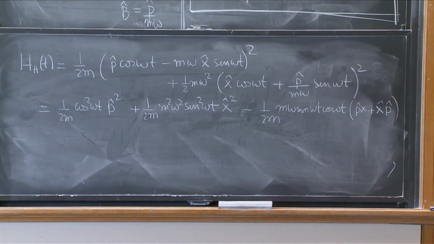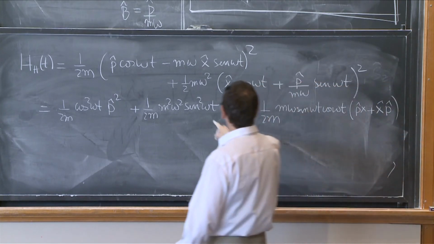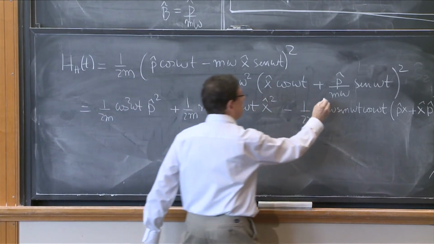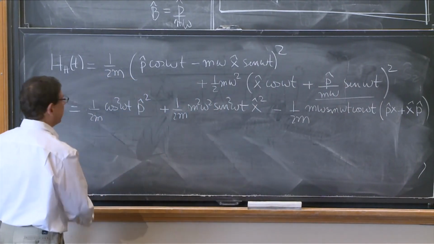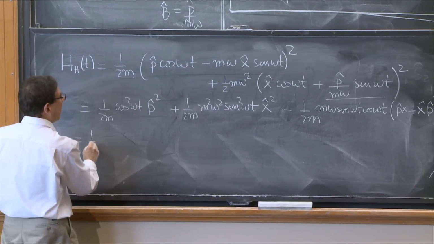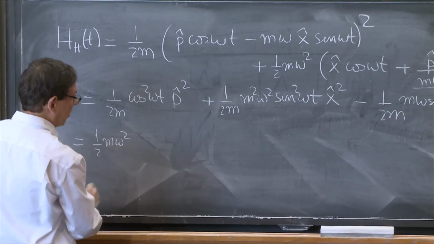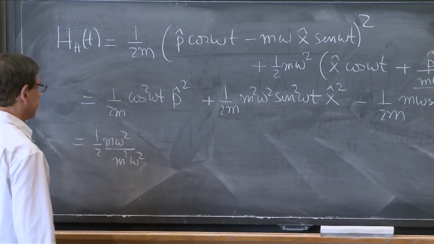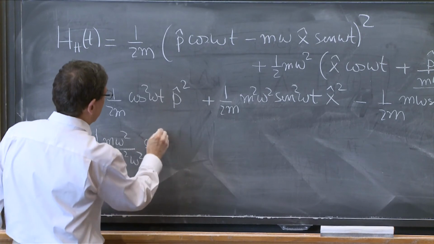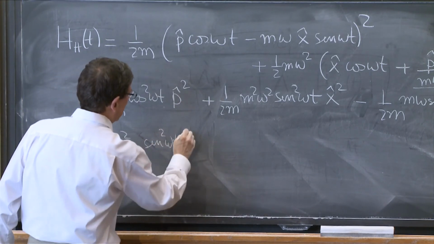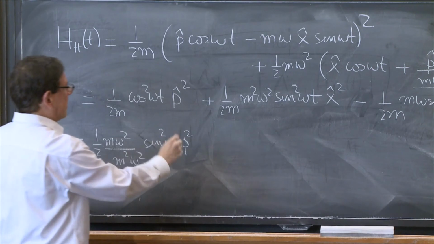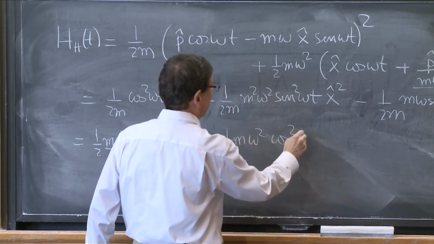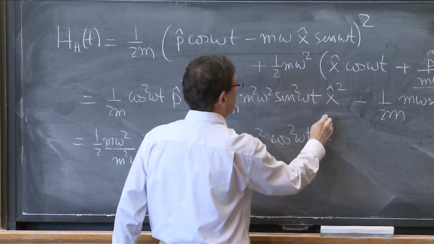Okay, I squared the first terms. Now the second one, let's square the p squared here. We have 1/2 m omega squared over m squared omega squared sine squared omega t p squared, plus 1/2 m omega squared cosine squared omega t x squared.